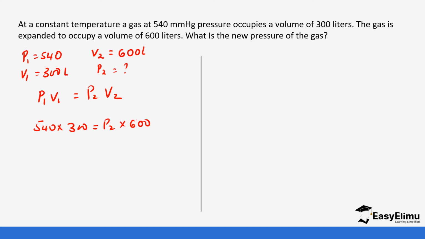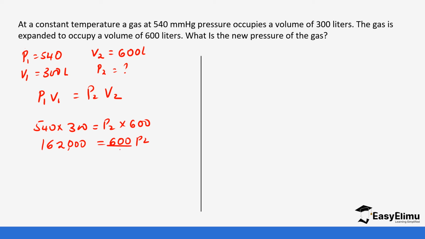So this is going to be 540 times 300, which is going to give us 162,000 is equal to 600 P2.